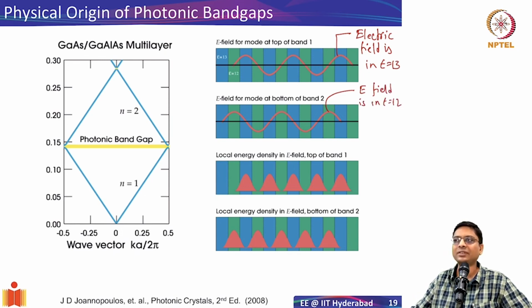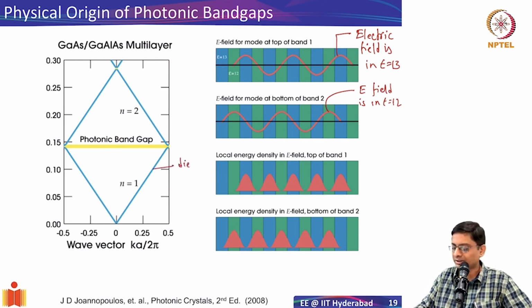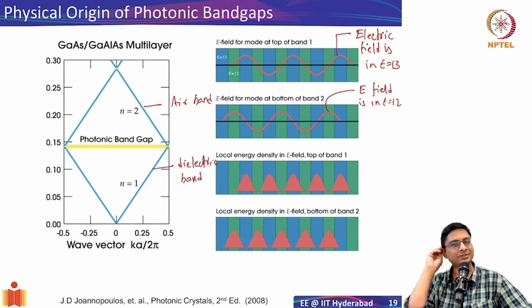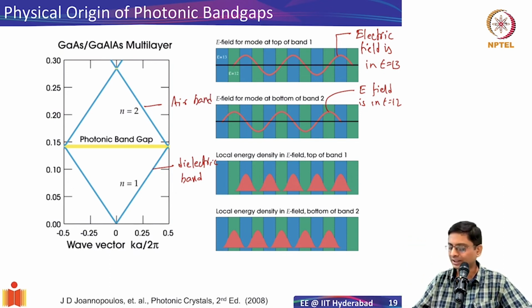So you have these electric fields which are confined in this structure. So that's why we call this the dielectric band, usually, and then the air band. Air in the sense just that it's a lower dielectric constant medium, that's all, okay. That's the notation we typically follow. So if you look at the top two graphs of the electric field, the amplitude is effectively in the high refractive index or low refractive index medium, okay. That's the physical origin of the band gap.